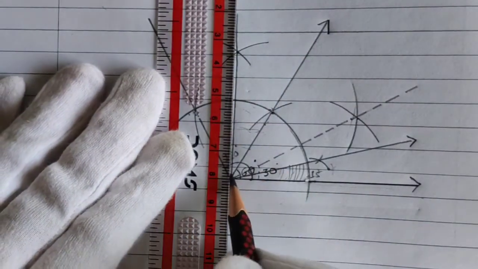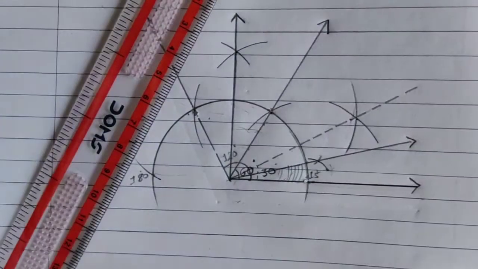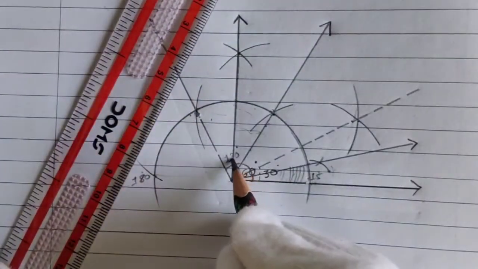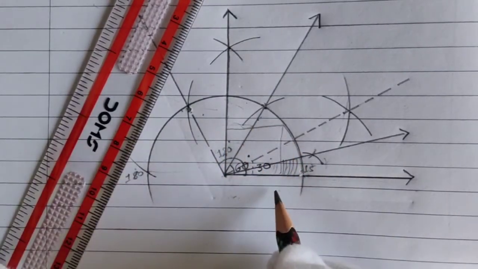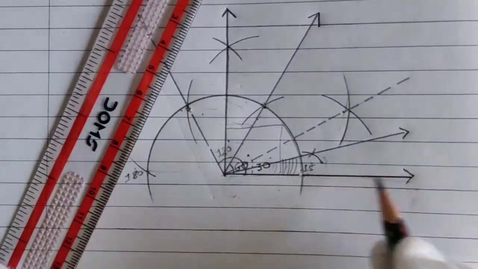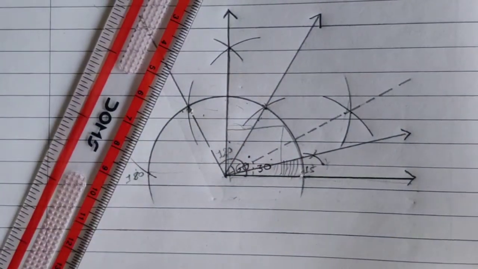Little bit proportionate. Okay, and here is your total 90. From here to here, it's total 90. This arm and this arm is actually giving you a 90 degree angle.